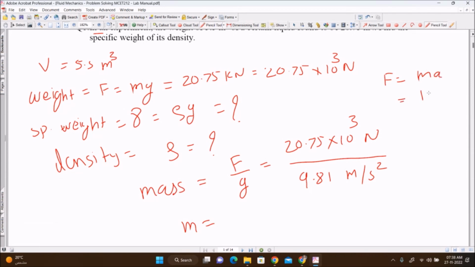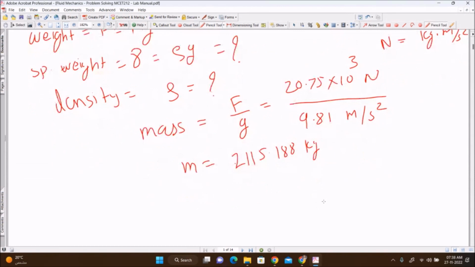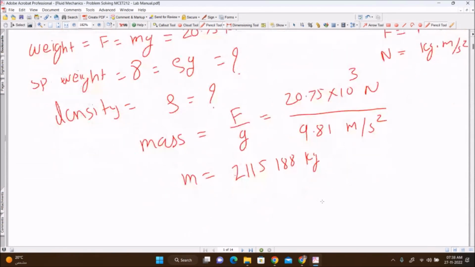The unit of mass is kilogram and the acceleration is meter per second square, so kilogram meter per second square is called a Newton. Doing the calculation, we will get 2115.188 kilogram.